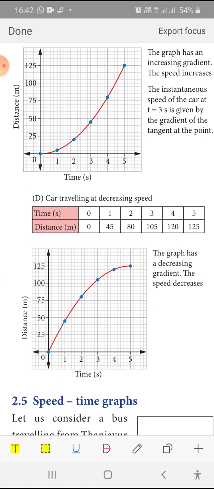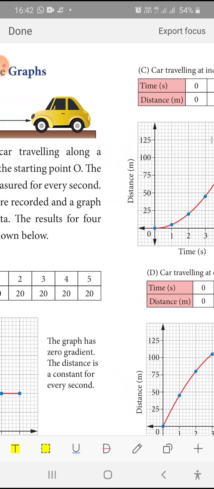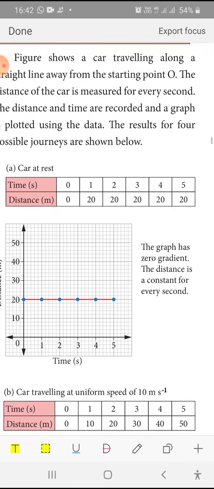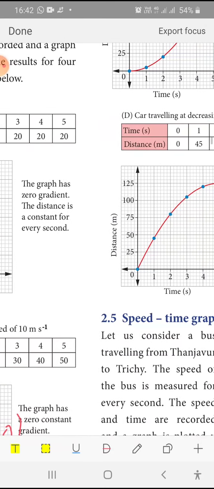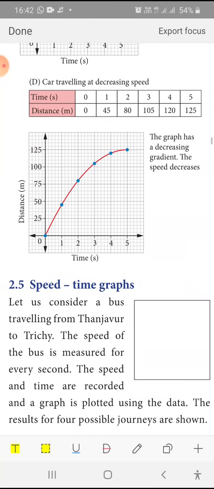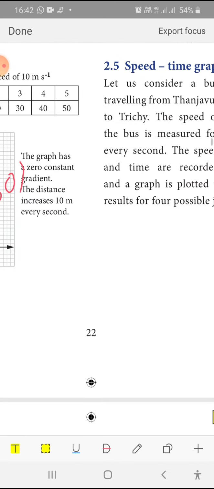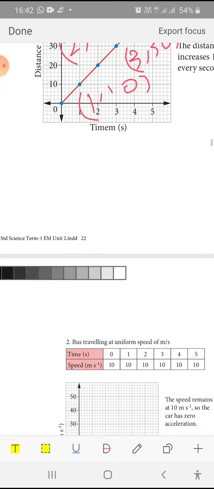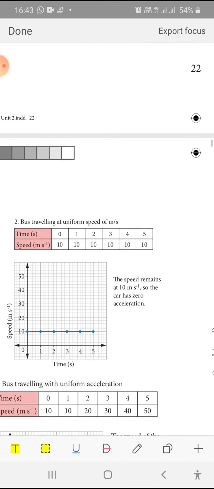If it is a steep curve like a mountain, it is a decreasing speed. So using the graph itself, you can say whether the car is at rest or at constant, decreasing or increasing speed. These are the four things in the distance time graph.